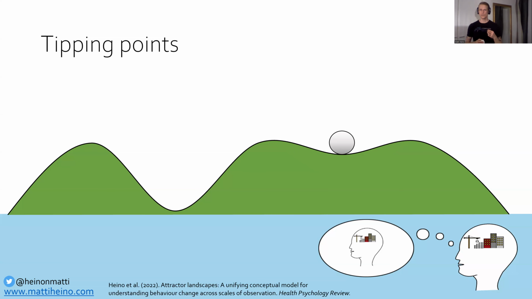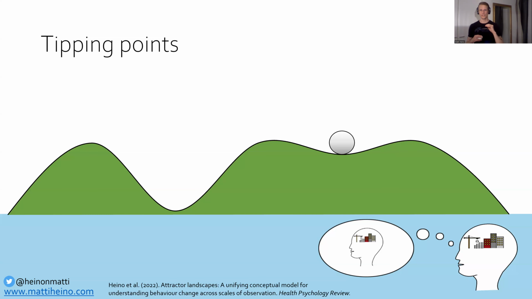And this is also something to consider if you're trying to create some change in your community, or improve people's well-being, and nothing seems to happen. It might be that behind the scenes, in the underlying landscape that you can't directly observe, the current attractor is losing its resilience, as we call it.